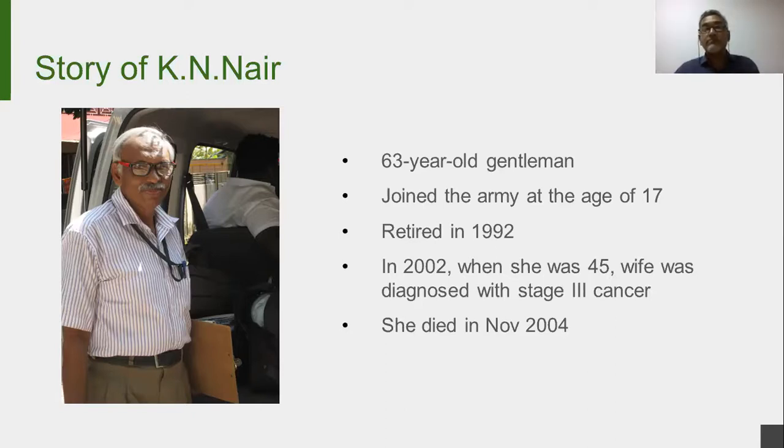Now, at least 3 years before she was diagnosed, he had gone to almost all the major oncologists, all the major hospitals in the city, and none of them were able to identify that it was cancer.